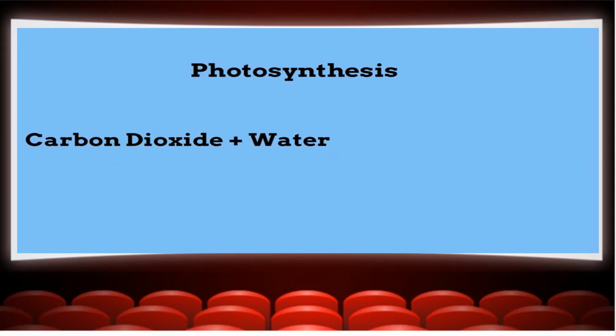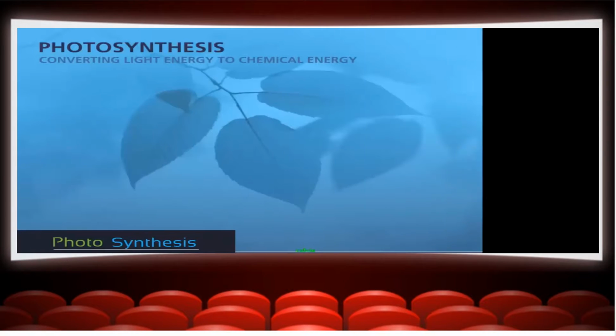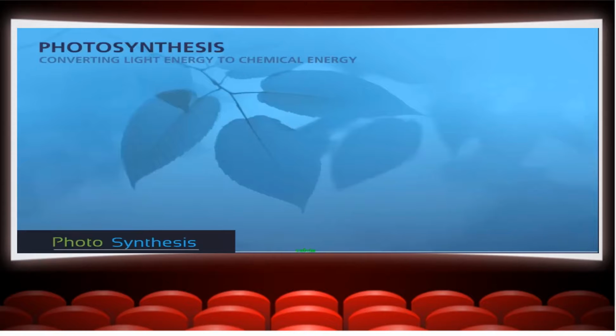autotrophs produce their energy from the sun in a chemical process called photosynthesis. They take carbon dioxide plus water and sunlight and produce sugar and oxygen. In order for plants to grow, they need inputs of carbon dioxide, water, and energy.